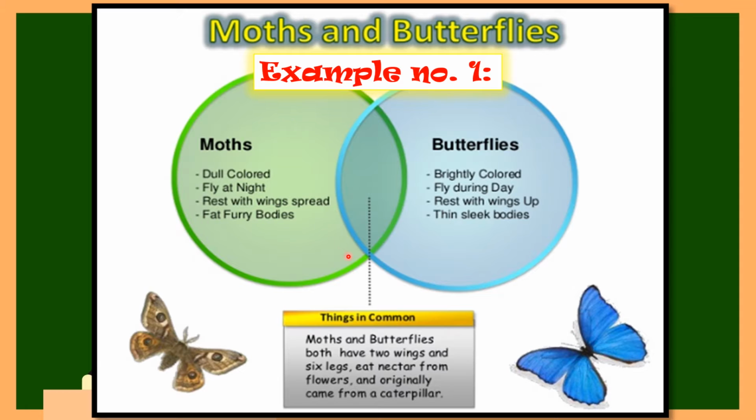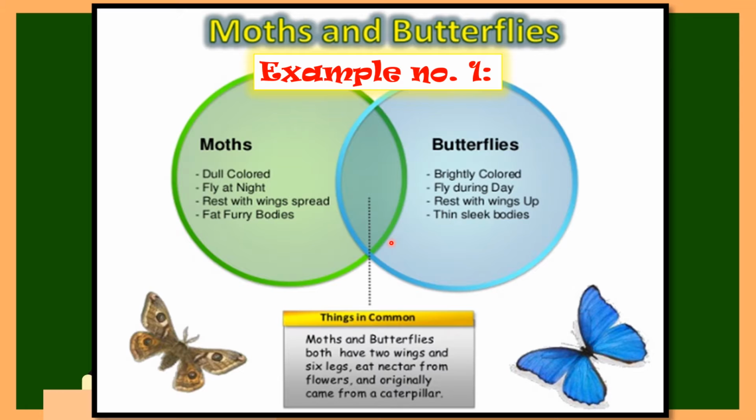And the butterflies in the second circle, which means ito yung ating set B. Because the two insects have some common features, the two circles have been made to overlap each other. Ibig sabihin class, may common characteristic kasi ang moths kay butterfly, kaya yung Venn diagram natin ay nag-overlap sa isa't isa or nagkaroon ng intersection.